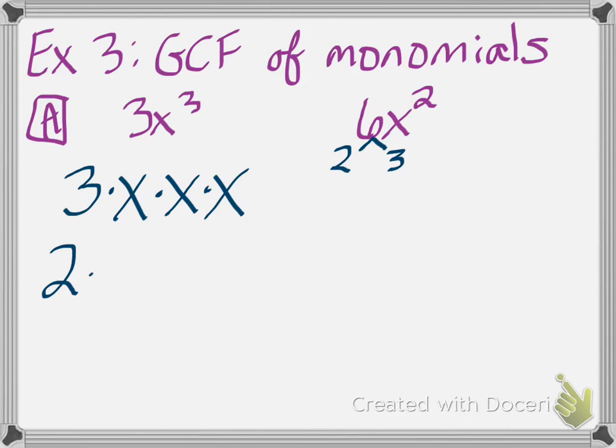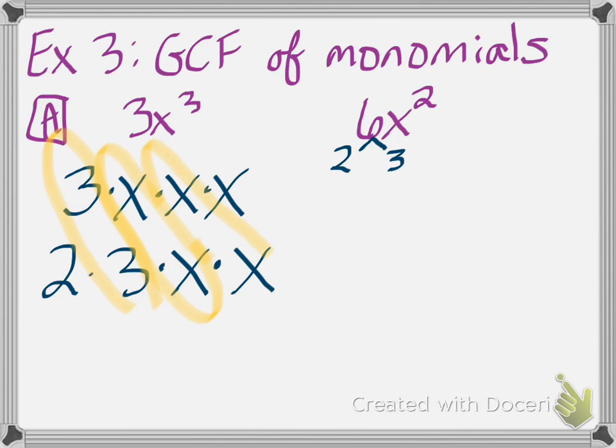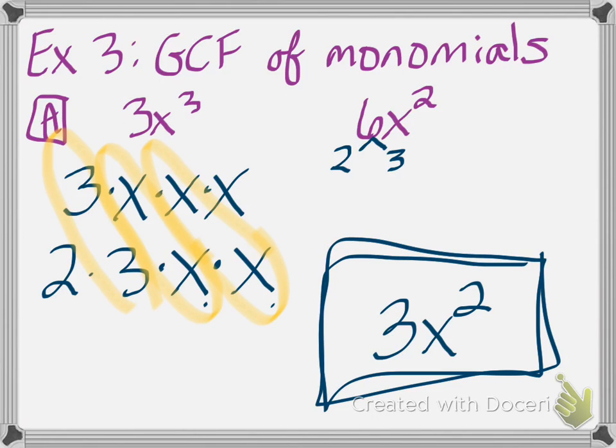So 2 times 3 times, I have 2 x's. There's a 3 in common, there's an x in common, and there's another x in common, which means my greatest common factor between 3x cubed and 6x squared is 3x, I have 2 of them, x squared. Okay, so now we're doing it with monomials. It means we're going to have a coefficient and we're going to have a variable.